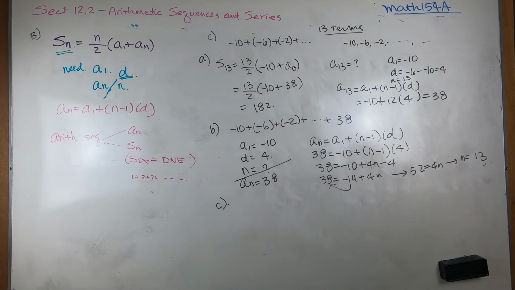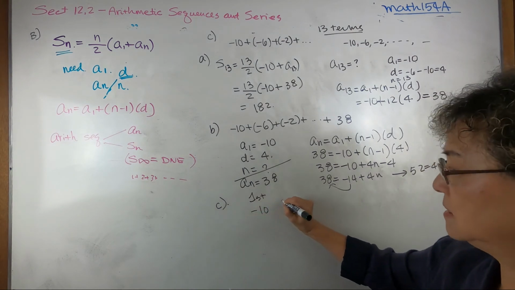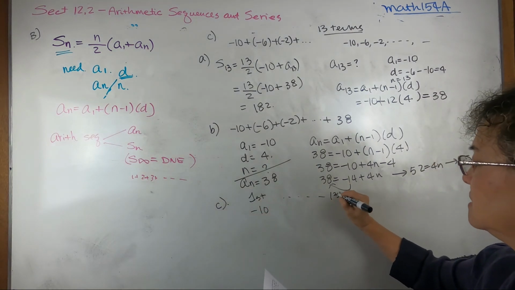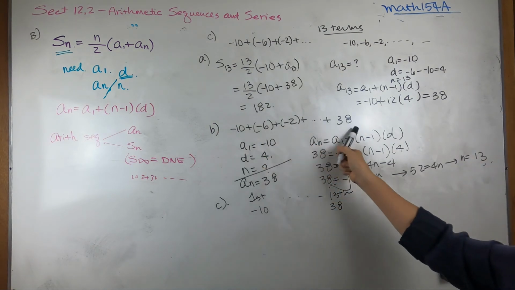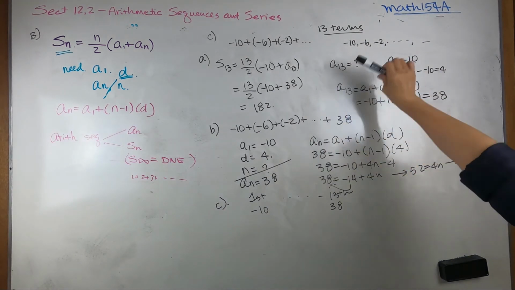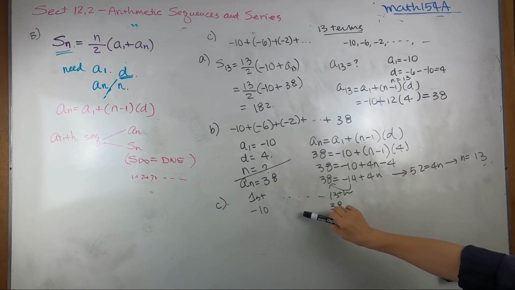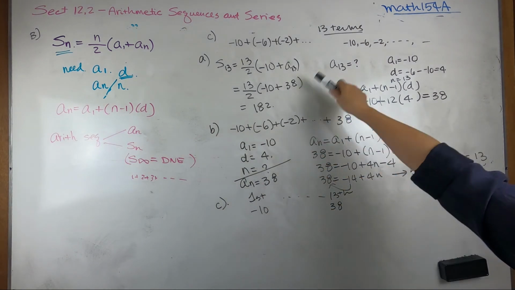Next one. If first term is negative 10 and 13th term is 38, just like here, right? But if you didn't see this before, if we just tell you for the test, I will not give you all this.